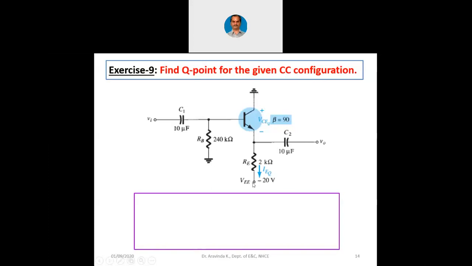You have to visualize that way. The value of RB is given, the value of RE is given, and we have to find out the Q point. Q point is nothing but the current flowing through the transistor and the voltage drop across collector to emitter. If the configuration changes, the coordinates of the Q point will not change.